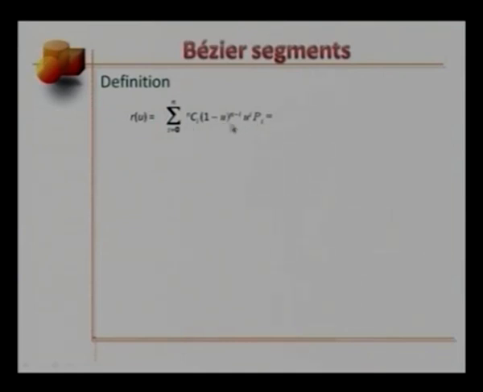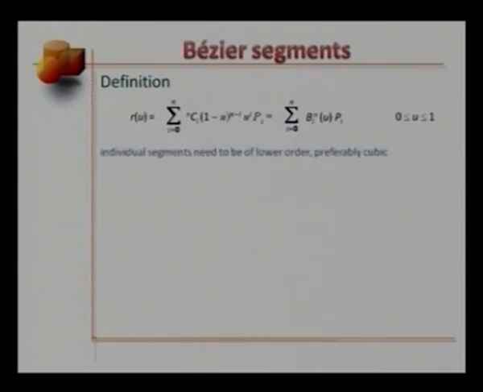This expression here is our Bernstein polynomial of degree n. u is our parameter and p_i are the design points specified by you as a designer. This is equal to summation i going from 0 to n, b_i,n of u times p_i, the ith Bernstein polynomial. Parameter u varies between 0 and 1.